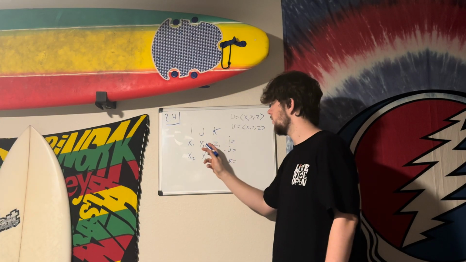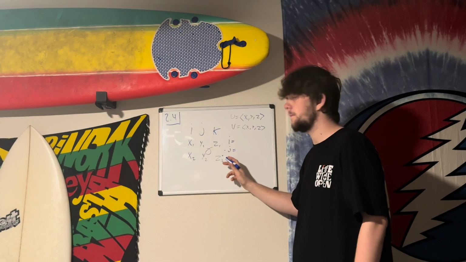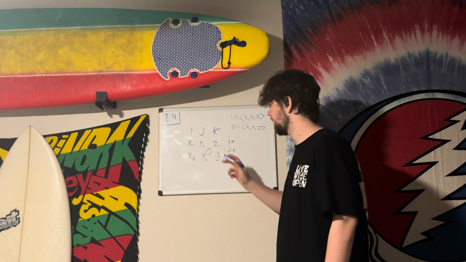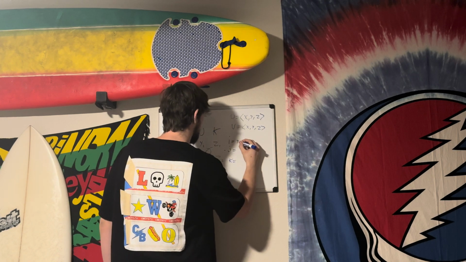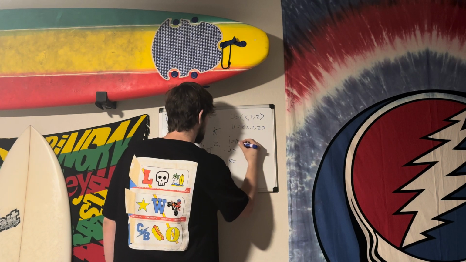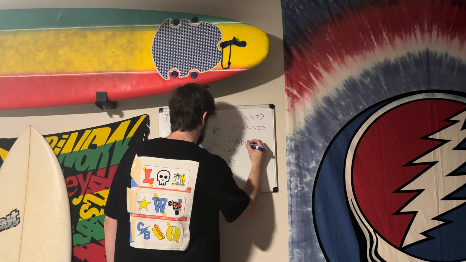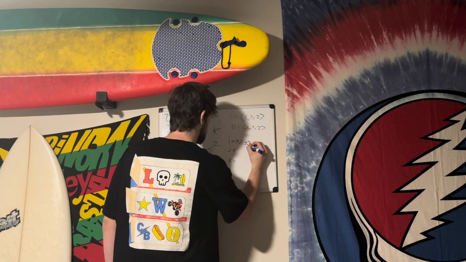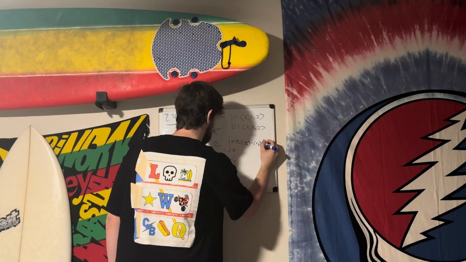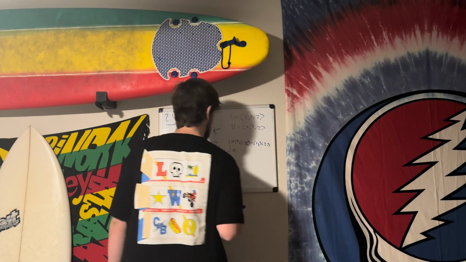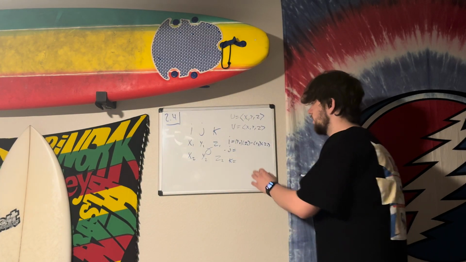So you go that times that minus that times that. At the end, for i, it'll be y1 times z2 minus y2 times z1. And this is just one way to look at the i.